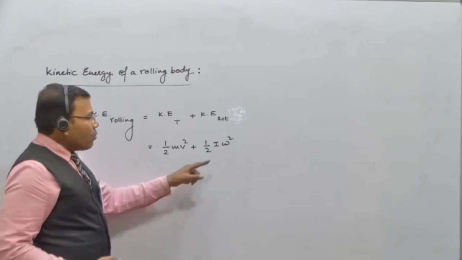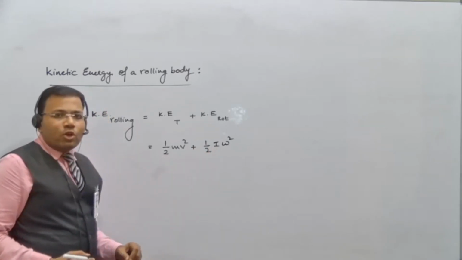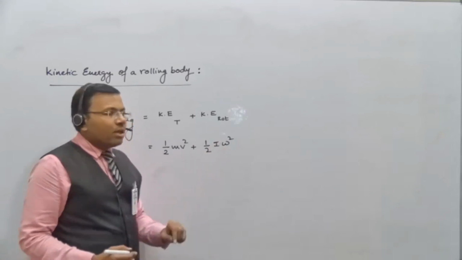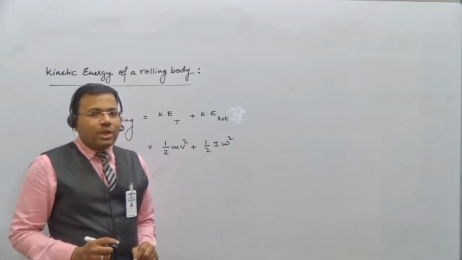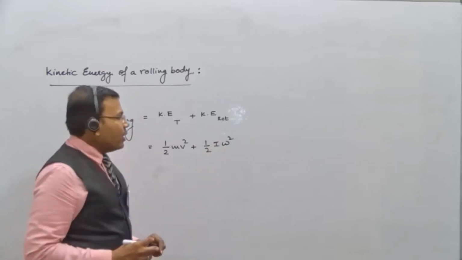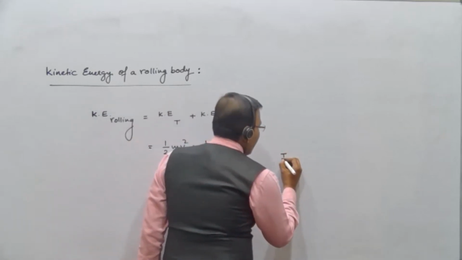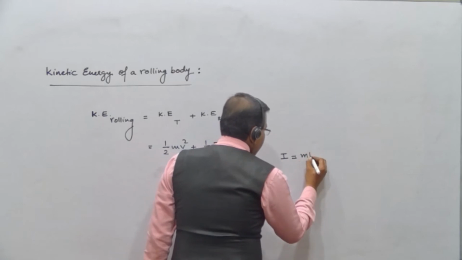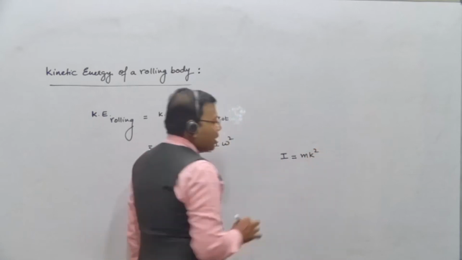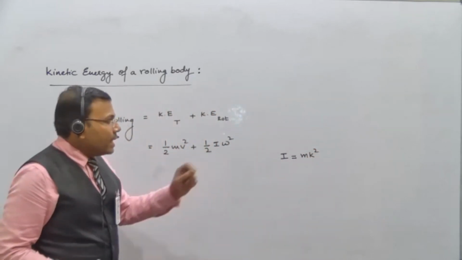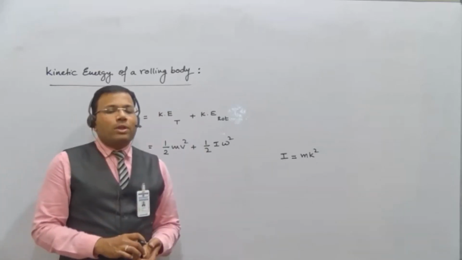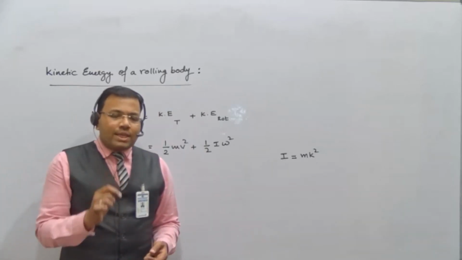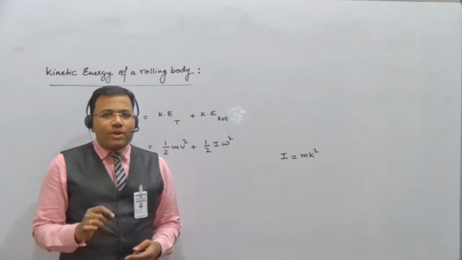Now students, what is this I? I is the moment of inertia and omega is the angular velocity. And you know the formula for moment of inertia. Here I'll write I is equals to, students try to understand this I, we have to take it as mk square. m is the mass, k is the effective distance of all the particles, and in short this k we are calling it the radius of gyration.